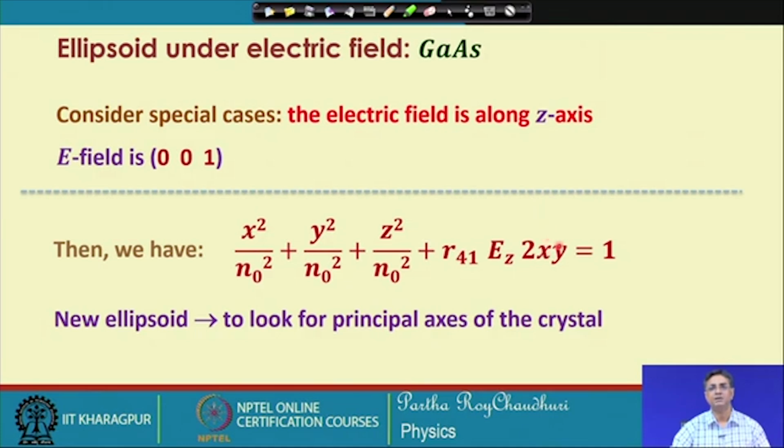Because x and y are symmetric, if you interchange x with y, then the equation remains invariant. So, that means the rotation about z will be 45 degree, so that it is identical to x and y.